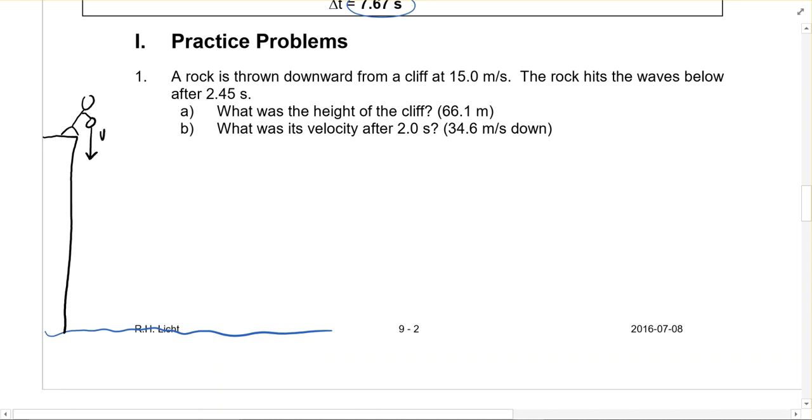And VI is going to be equal to 15 meters per second. The time, let's put that over here maybe, time is going to be equal to 2.45 seconds.